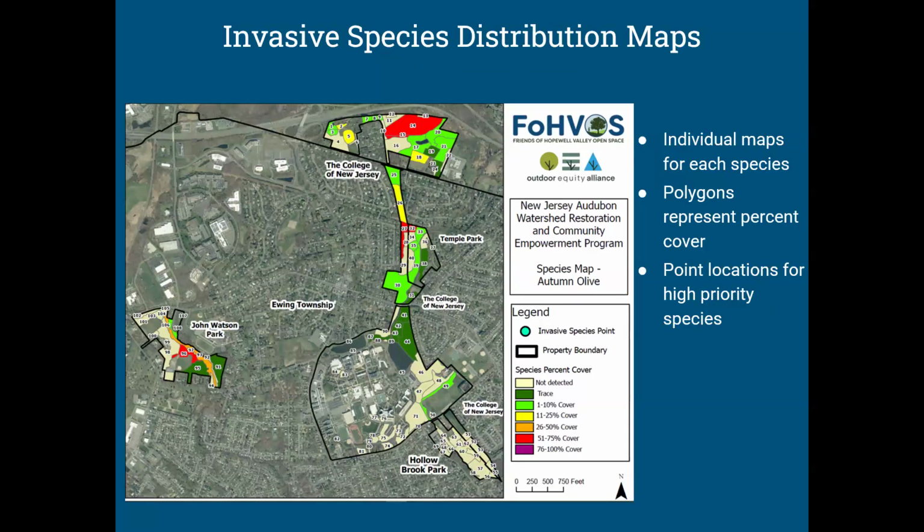This is the overall resulting map for the species percent cover. So this is for an individual species now, because we have that for all the species across the entire site. Where is the autumn olive? And where it wasn't detected, trace, and then up to purple.